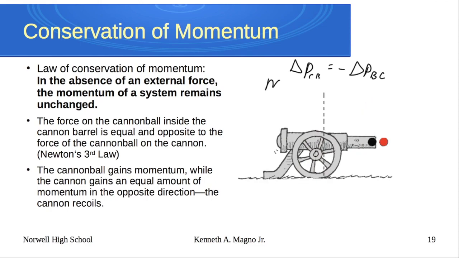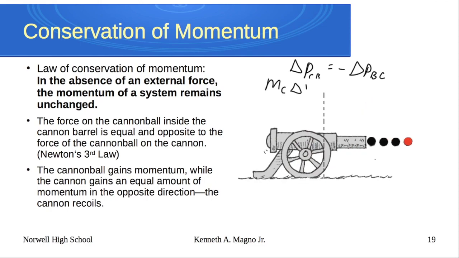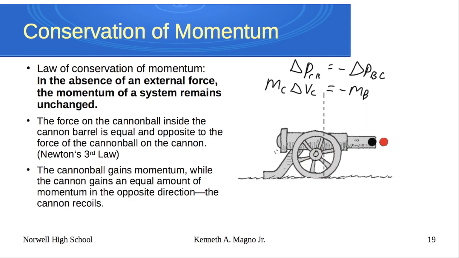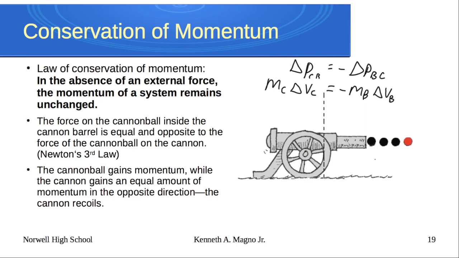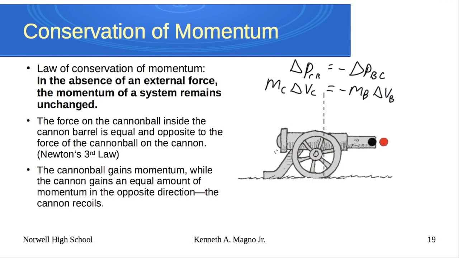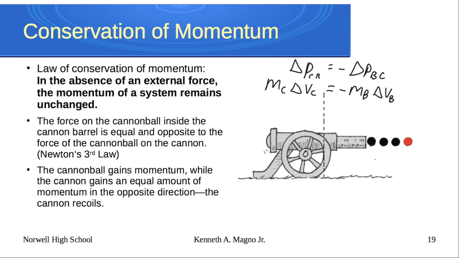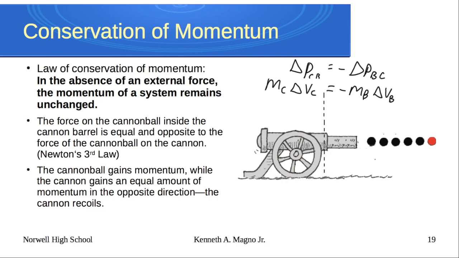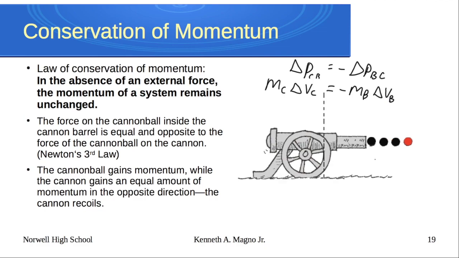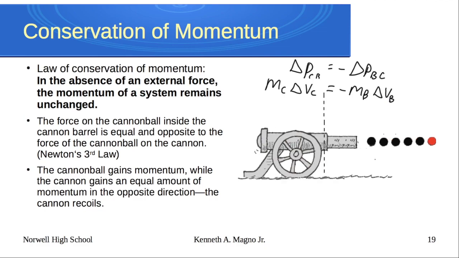One is the mass of the cannon and the change in velocity for the cannon. One is the mass of the ball and the change in velocity for the ball. So we start to understand, well, the cannon's got more mass, so it's going to have a smaller change in velocity. The ball has less mass, so it's going to have a larger change in velocity. All right? And this is all just based around Newton's third law.